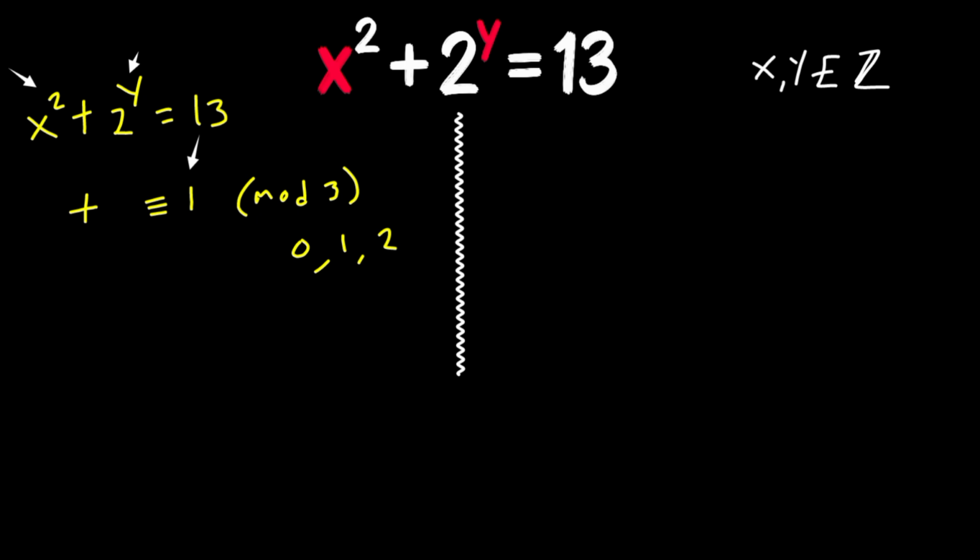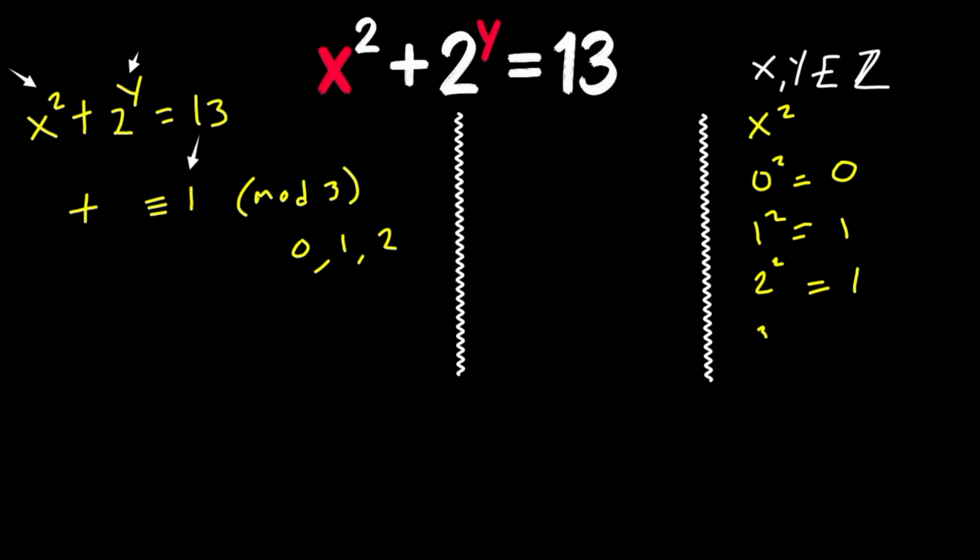But what are the allowed remainders in the domain of mod 3? Let's do a little bit of trial testing here. That's for x squared. Let's assume x is 0. If x is 0, it gives us 0, which has a remainder of 0. If x is 1, it gives us 1, which has a remainder of 1. If x is 2, it gives us 4, which gives a remainder of 1.